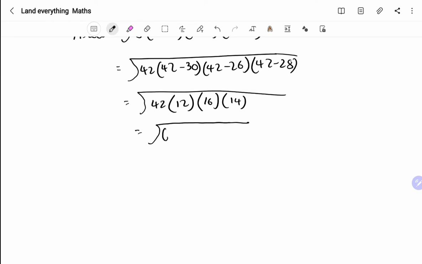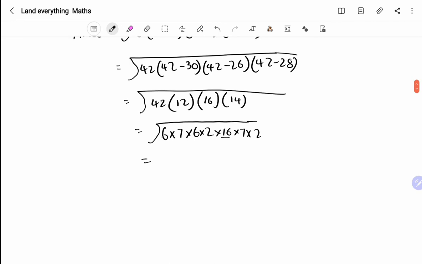Like 42 I am writing as 6 into 7, 12 as 6 into 2, 16 as 16 and 14 as 7 into 2. I left 16 as it is because 16 is a perfect square and we can find the root of it.